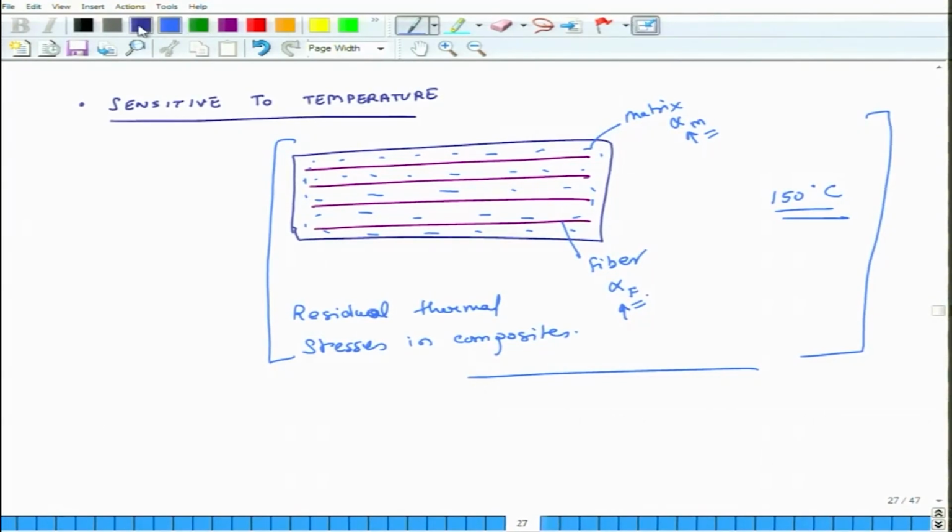The same problem happens in presence of moisture, sensitivity to moisture.